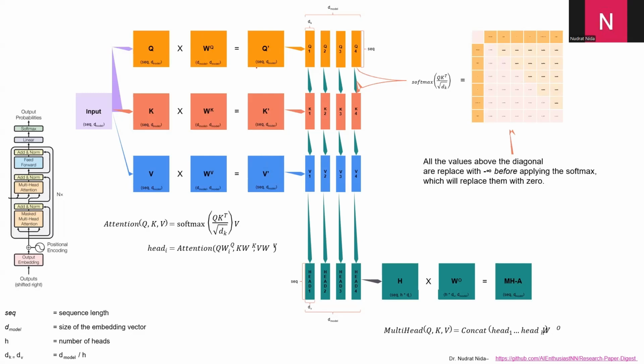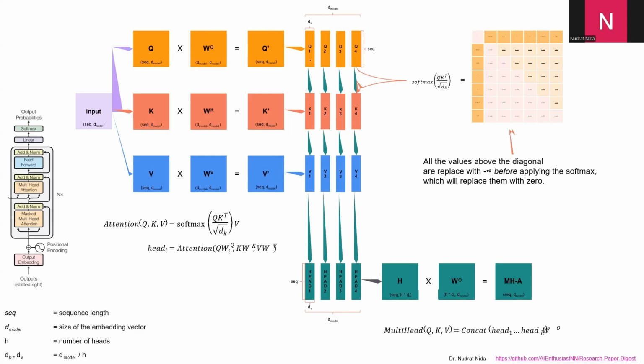Q prime is sequence by D model, K prime is sequence by D model, and V prime is also sequence by D model. Then, depending upon the number of heads, if we have 4 heads, we divide the D model into DK, which is D model divided by 4.